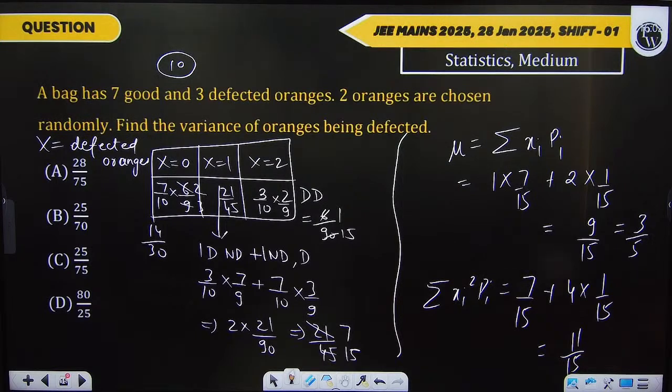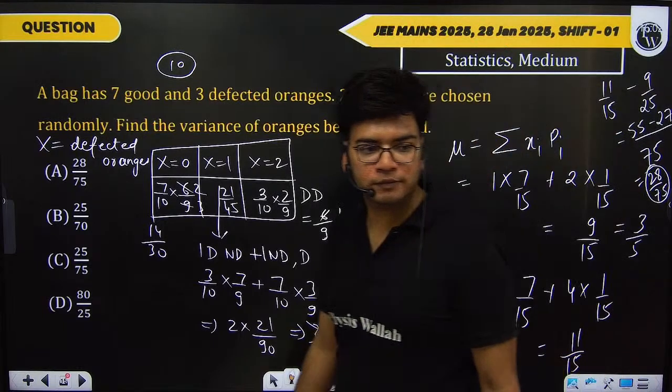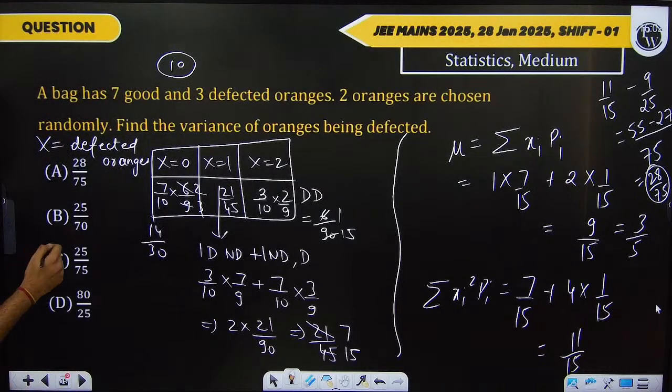If I subtract these two, what I am getting? 11 by 15 minus 3 by 5 whole square, 9 by 25, something like this. So this will come out as 75, 55 minus 27, 28 by 75. This is my answer. A option is coming out as the correct answer.